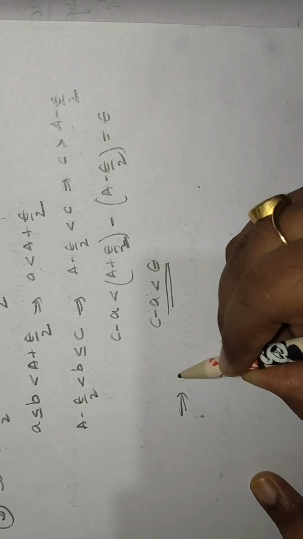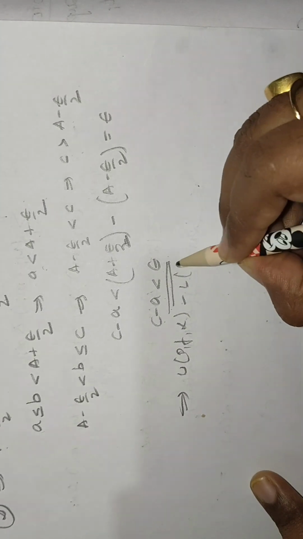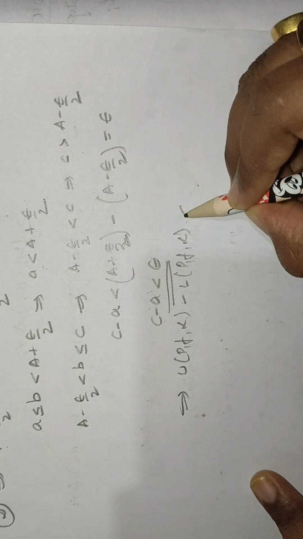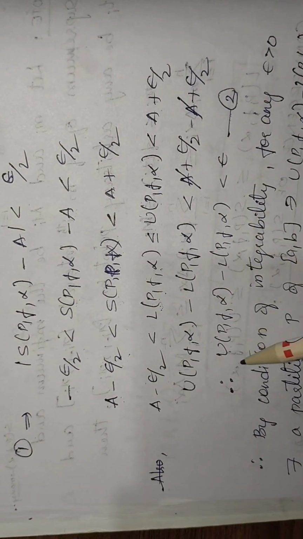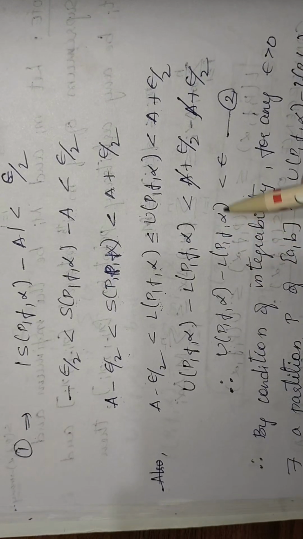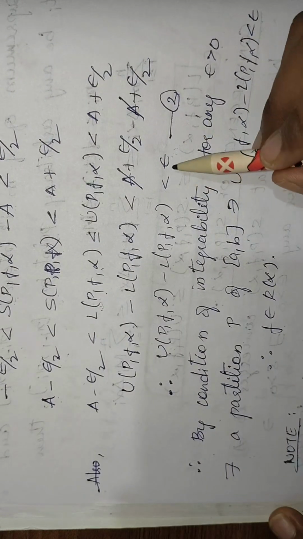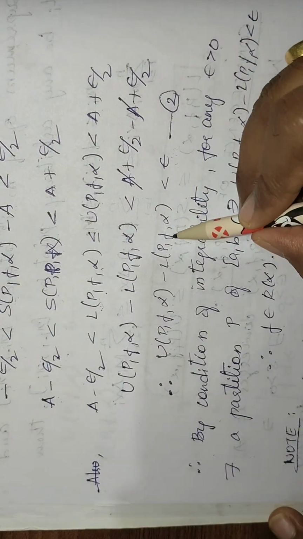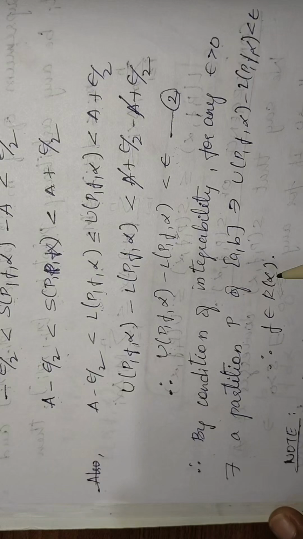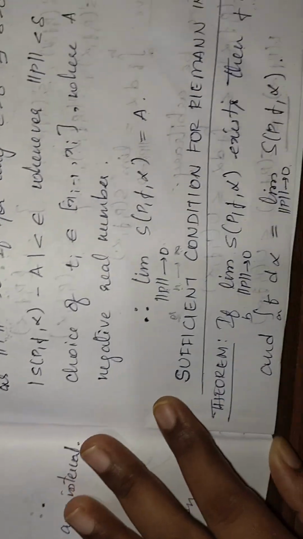So that is how we got U of P comma f comma alpha minus L of P comma f comma alpha less than epsilon here. Okay, it means by the condition of integrability, this function is Riemann Stieltjes integrable. So this is how we have this proof.